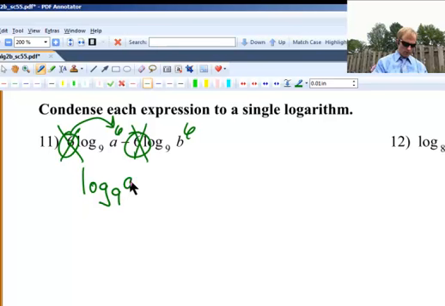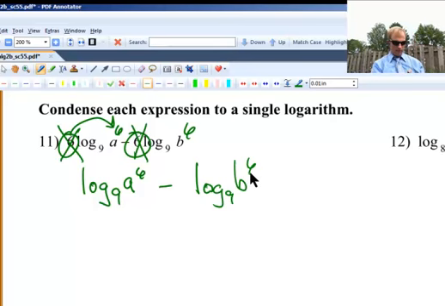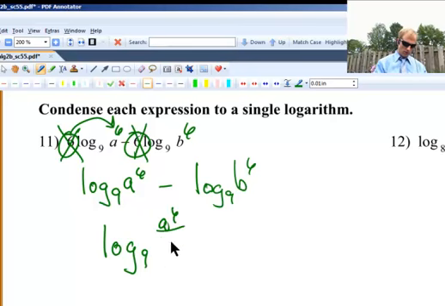So now I'm up to this. And after that, I have a difference, so I'm going to turn that into a quotient inside the log expression. And I'm done.